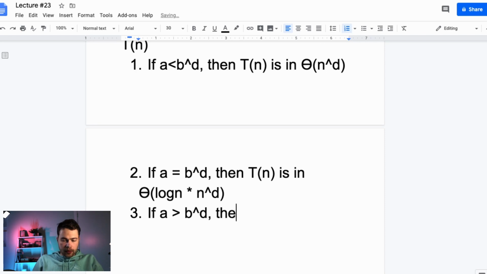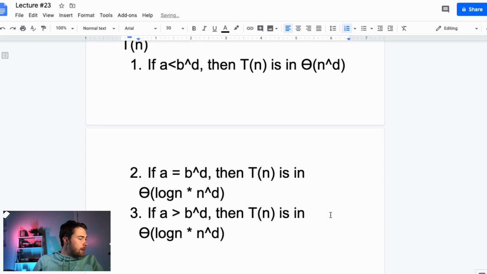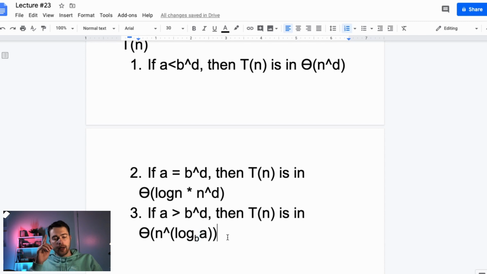Then T of n is in big theta of n to the power of log a base b. So it's n to the power of log a base b.